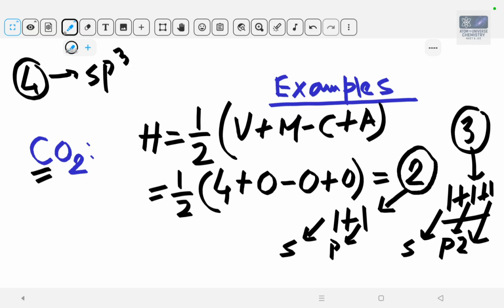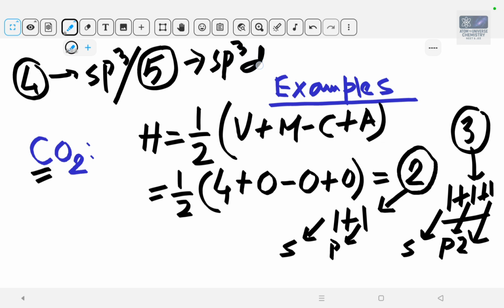After that, if 5 comes, then sp3d. For 6, that will be sp3d2, and for 7, sp3d3.